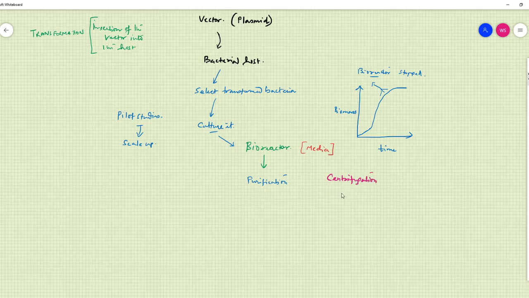Okay, and then the bacteria is lysed, and then the desired product is separated, purified, assayed, then mixed with excipients and dispensed. And after quality control test, it is released into the market.